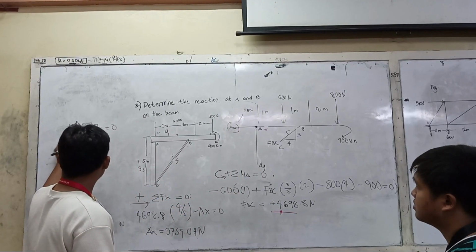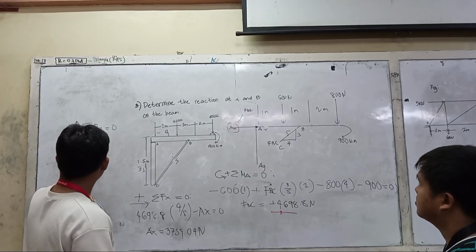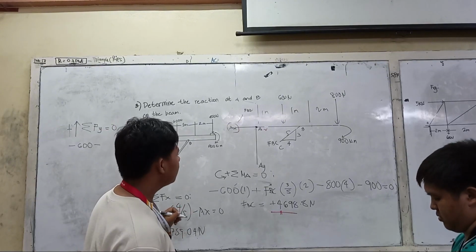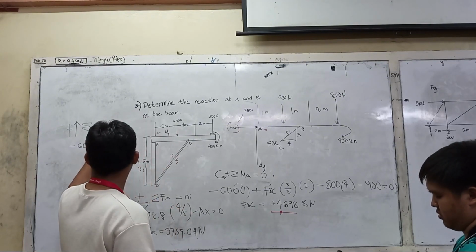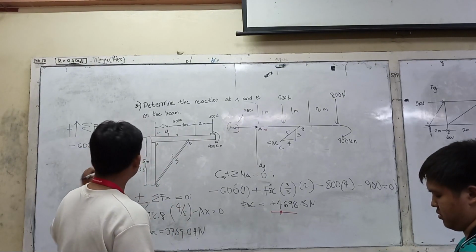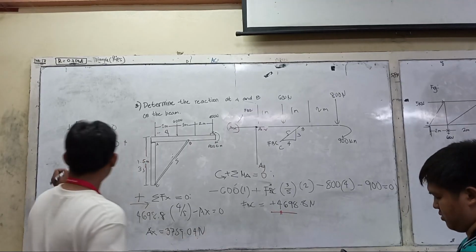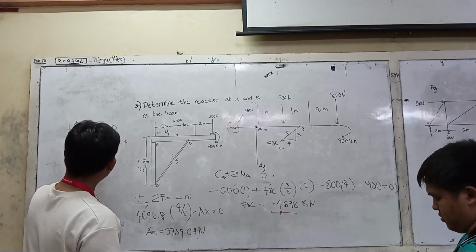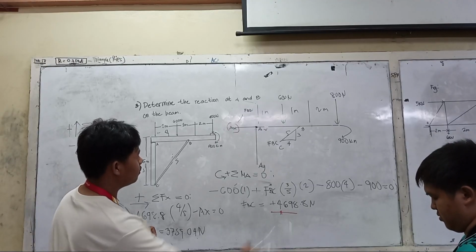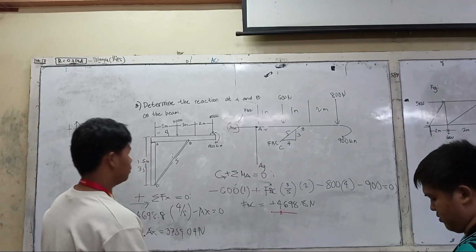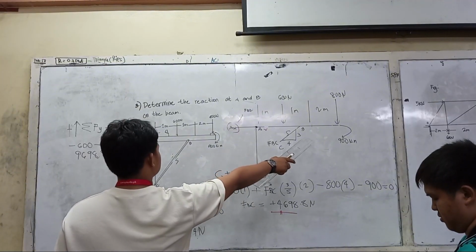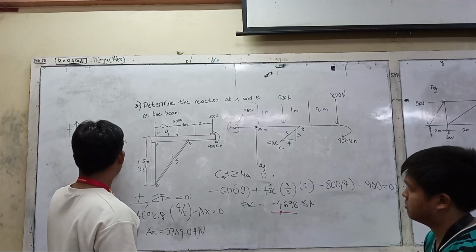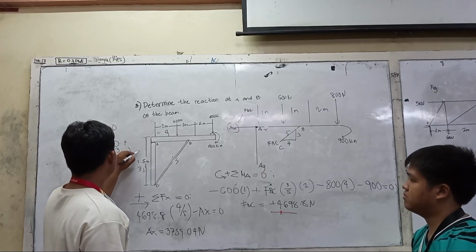Negative 600 minus 800 plus the answer 4,698.8 times the 3 over 5. So the opposite over hypotenuse, the 3 over 5, equals 0.